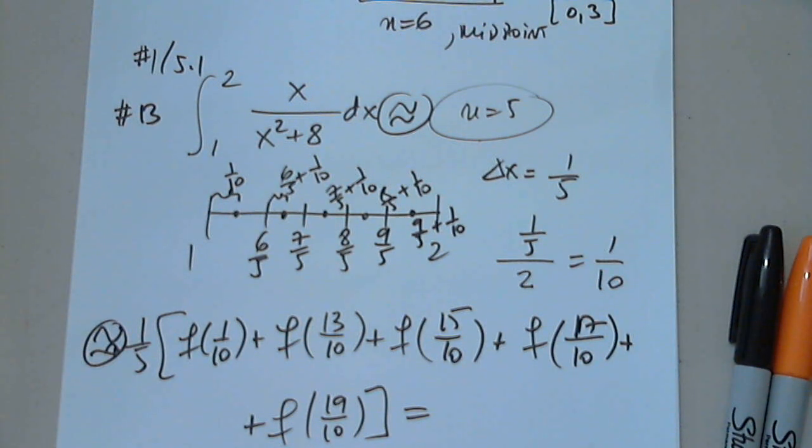So go back to lists, edit, clear. I enter 1.1, 1.3, and then 1.5, and then 1.7, and 1.9.